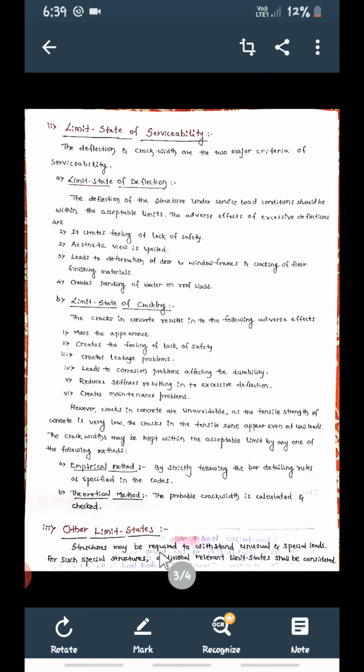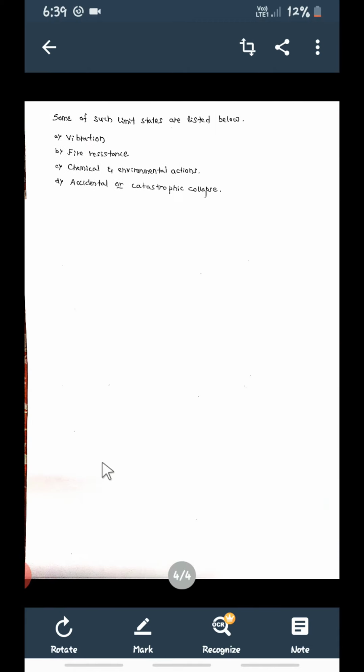For such special structures, additional relevant limit states shall be considered. Which are such situations? Some such limit states are vibrations. Suppose you consider a factory you have designed, there will be heavy machinery.